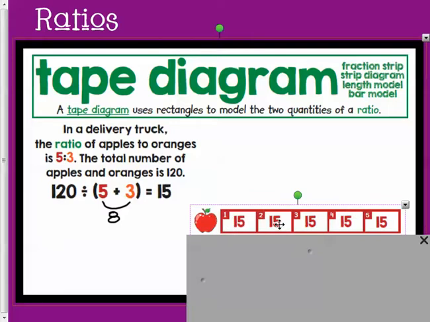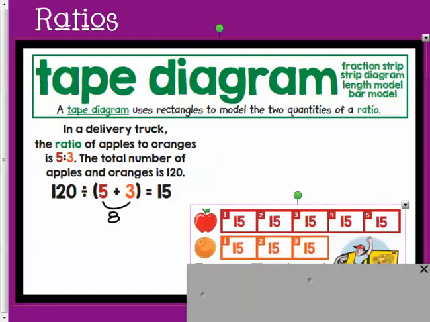That means that we should have 15, 15, 15, 15, and 15 apples, or 5 groups of 15 apples. We should have 15, 15, 15, or 3 groups of 15 oranges. So the 5 represents the number of groups, and the 15 is how many are in each group.